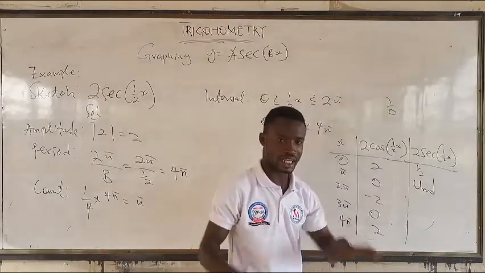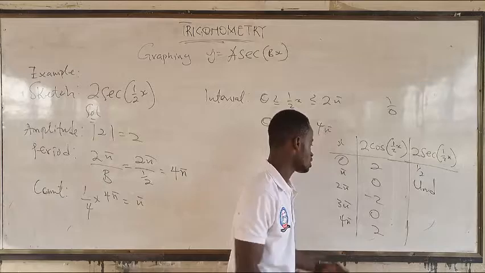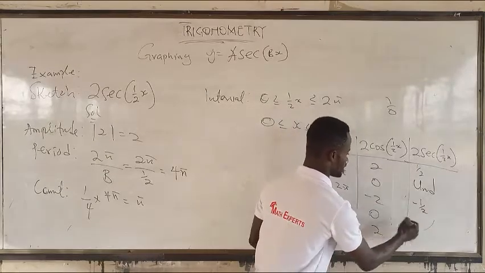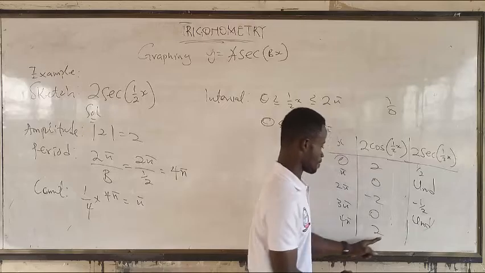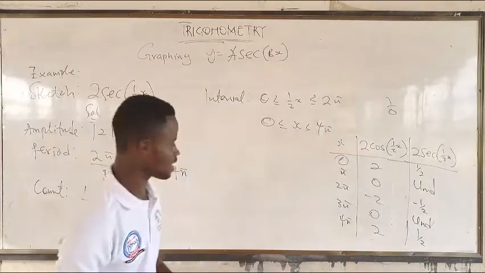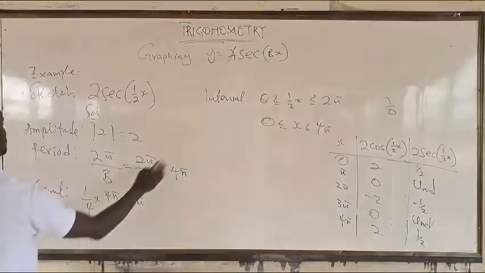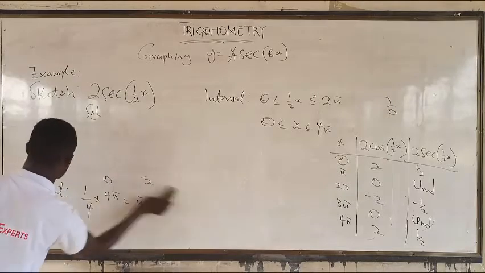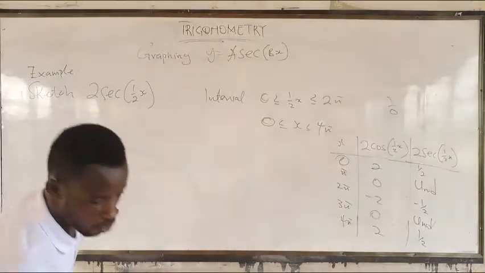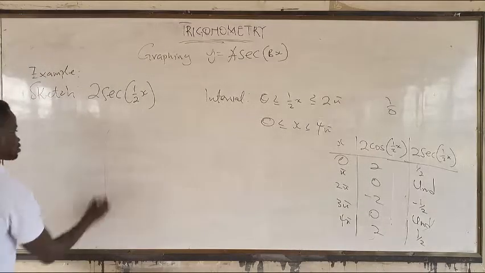Sec is not on the calculator, so you do this to get this. Now 1 over this, you get negative half. 1 over this here will be undefined. Then 1 over this, you get half. Hope you can see what you are getting there. Very nice. So let's see what the graph is going to be. So that is how we sketch for sec.